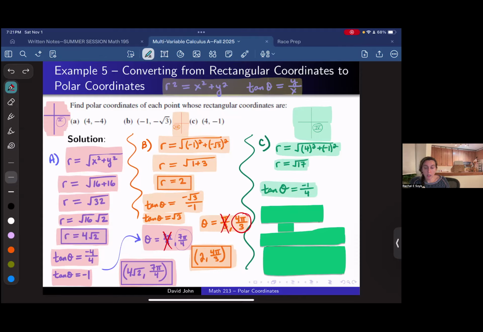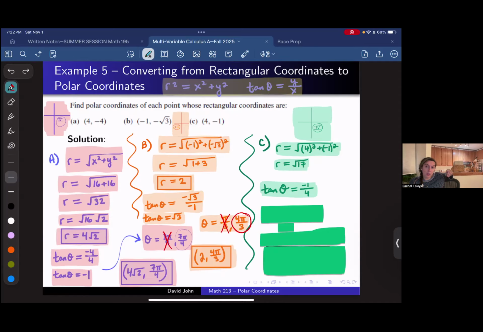And we can do this two different ways. We know tan is an odd function, so if we wanted to find our angle value, theta is arctan, or tan inverse, of negative 1/4.